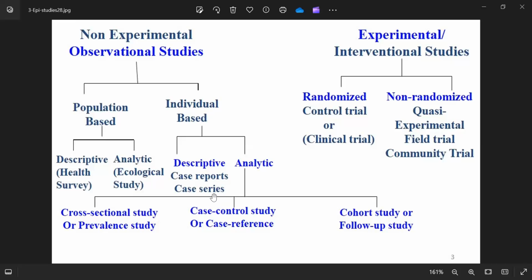For example, trying to test a vaccine in a community, vaccinating one group and not vaccinating another group, so as to observe the effect of that vaccine. So these are examples of randomized control trials.